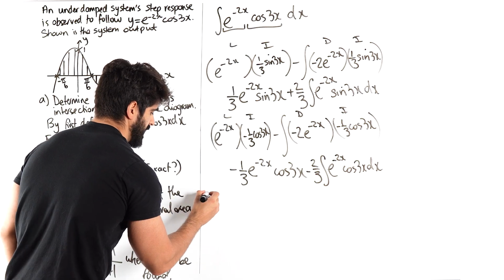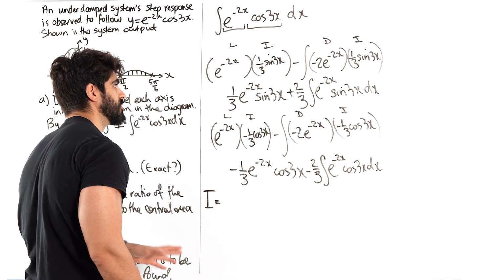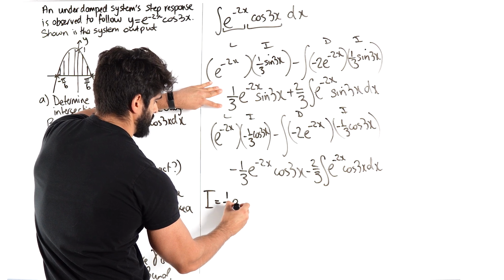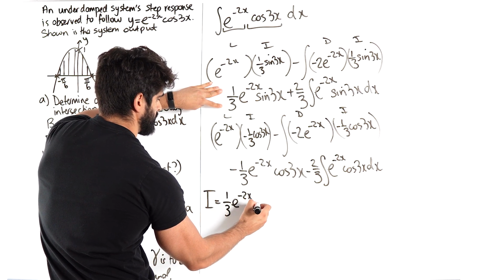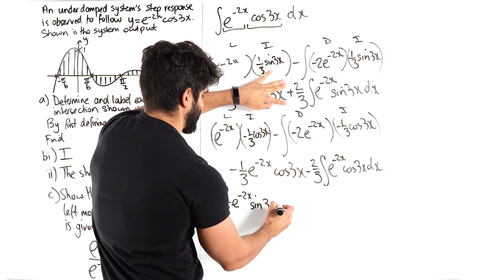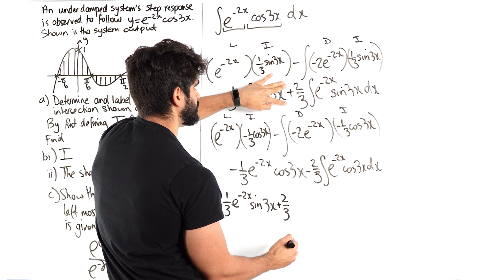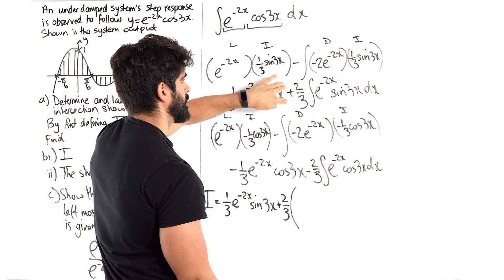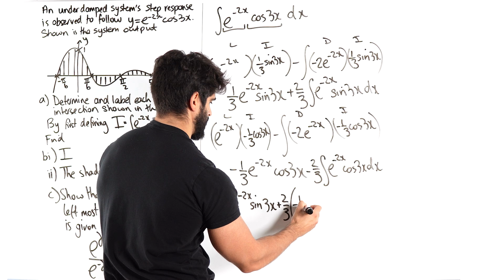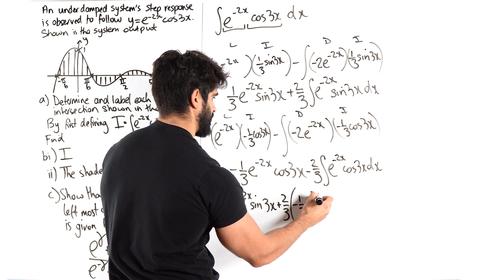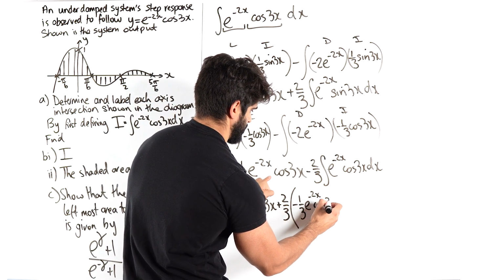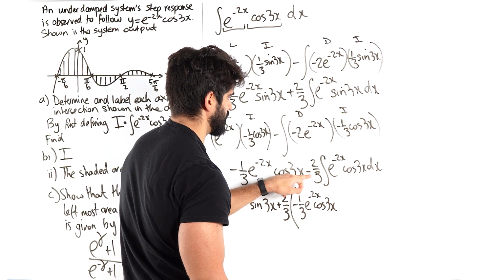So this, which is I, equals, and we do that a lot in further maths anyway, a third e^(-2x) sin 3x plus 2/3 of this, which is all of this, minus 1/3 e^(-2x) cos 3x, minus 2/3 I.